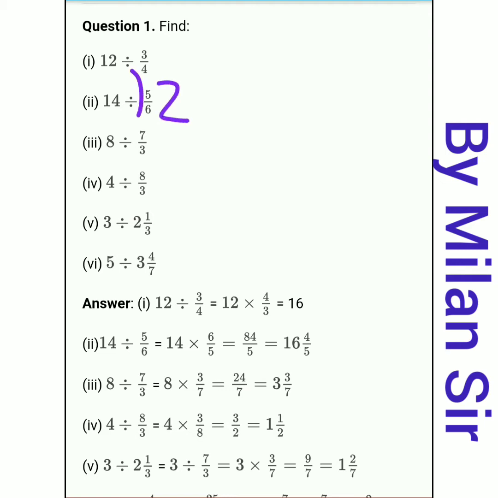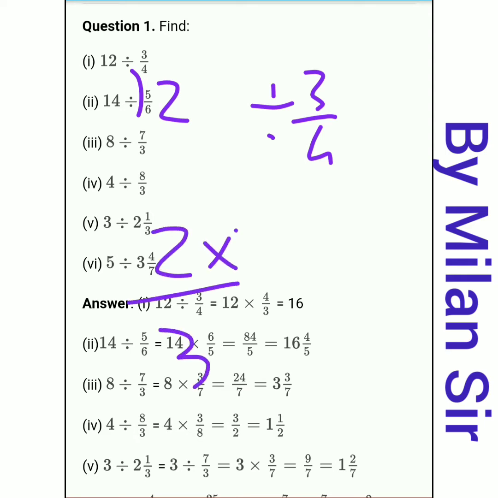Here we have 12 divided by 3 by 4, right? If one more example I give you, 2 by 3, if I multiply by 2 and divide by 2, then this 2 cut, right? So same number we get.